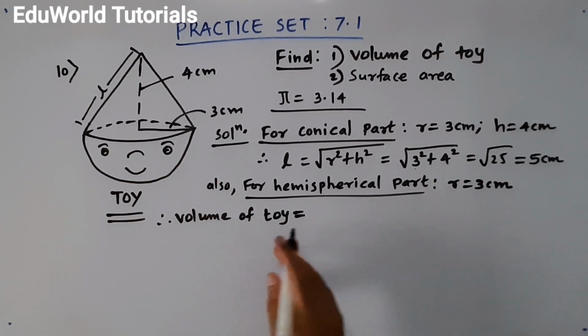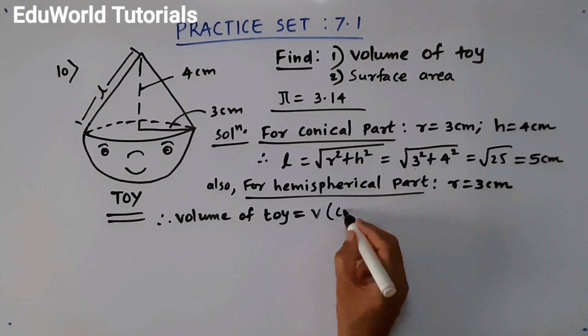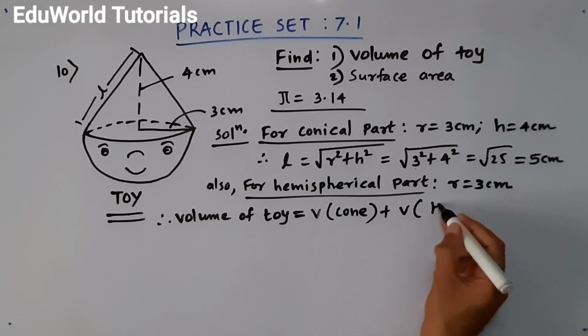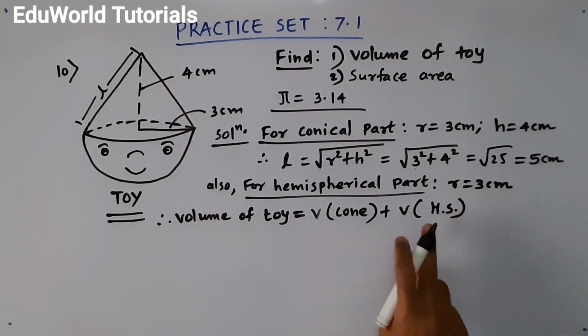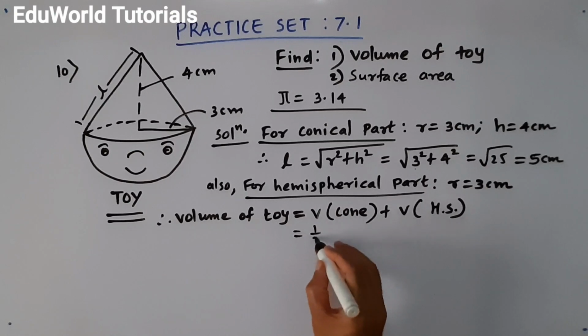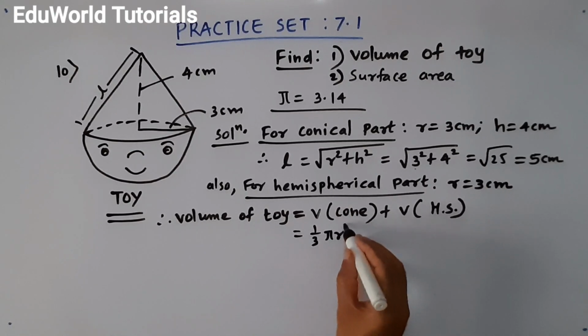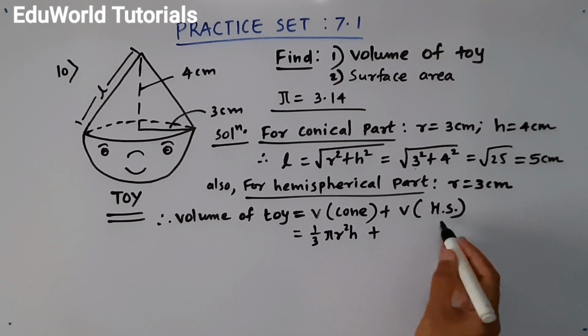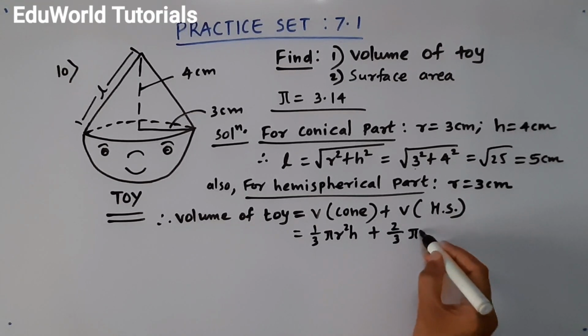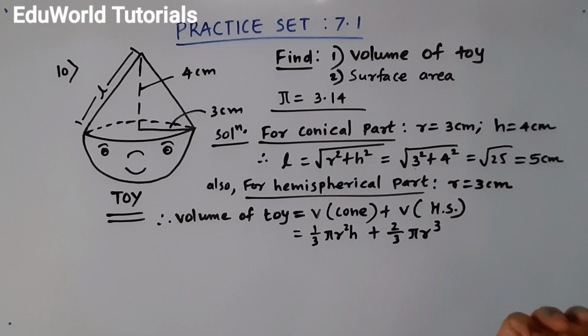Now, volume of the toy is volume of cone plus volume of hemisphere. Understand? Write the full formula, please. Now, formula for volume of cone is 1 upon 3 pi r square h plus volume of the hemisphere, recall, 2 upon 3 pi r cubed.